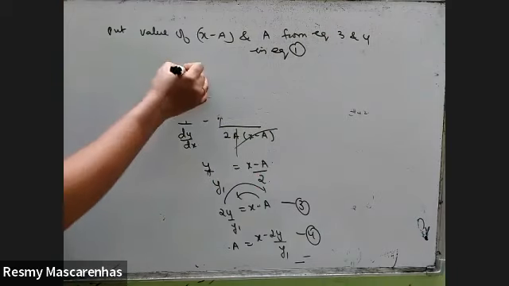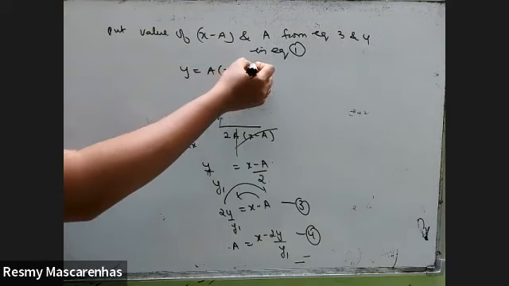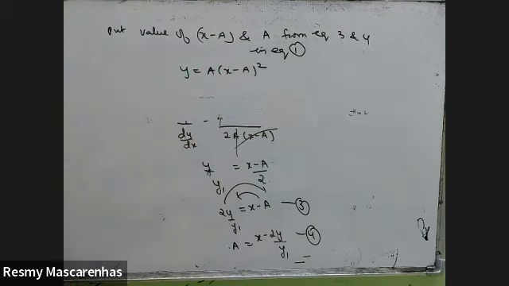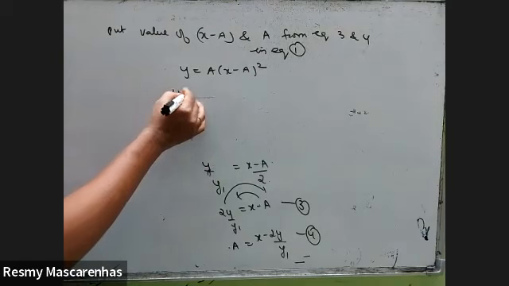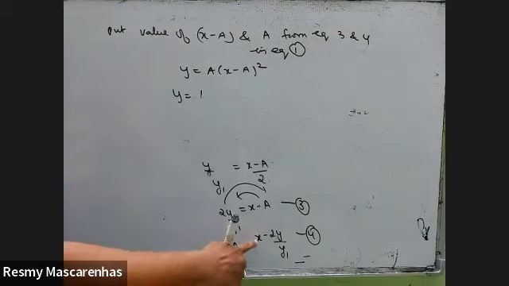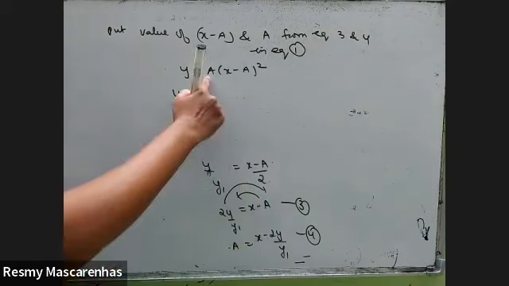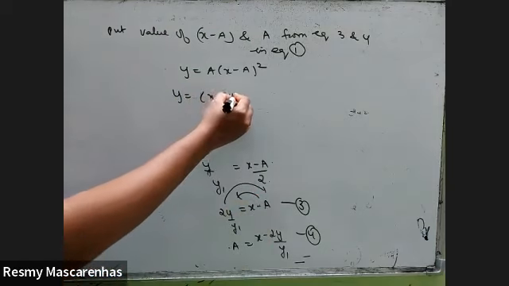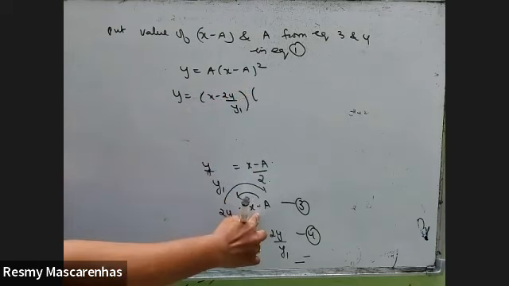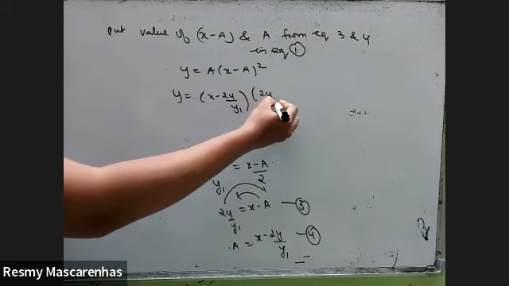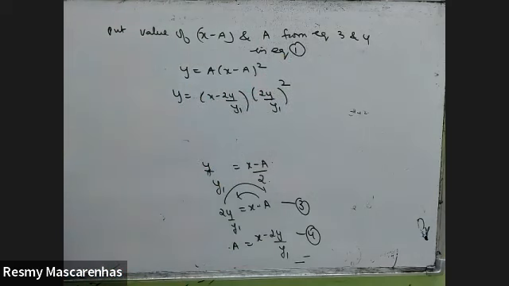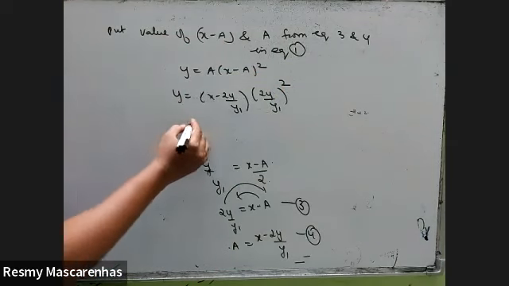So what is equation 1? y is equal to x, and what is the value of a here? x minus 2y upon y1. What is the x minus a value? It is a square. This you cross multiply.